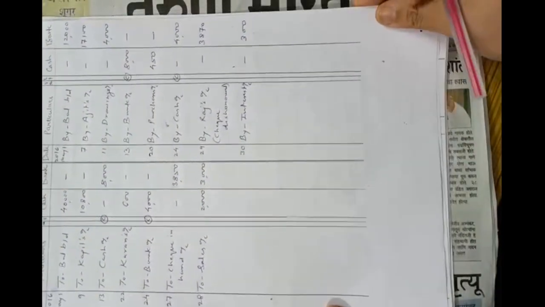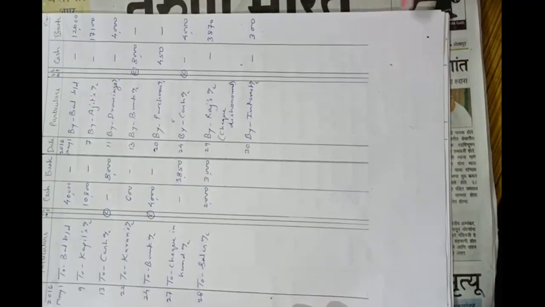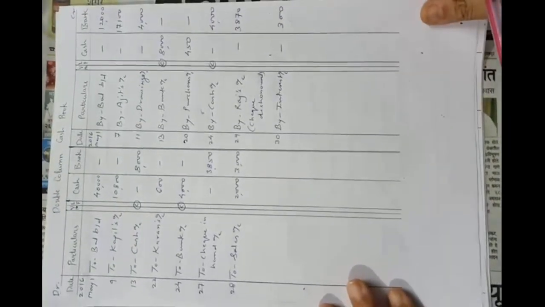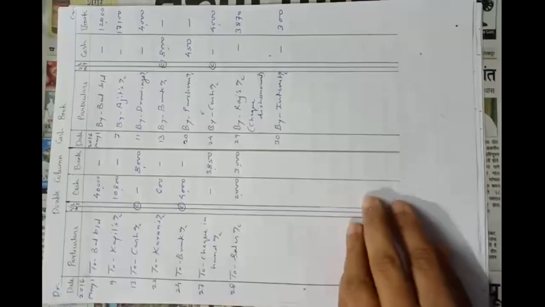Okay, so now let's tally. Let's see how much amount is remaining into the cash box, and we will keep 10,000 into cash box and then we will deposit the excess amount into bank account.